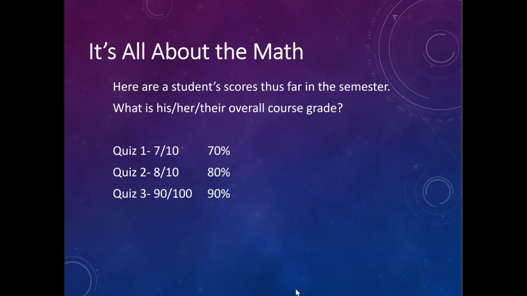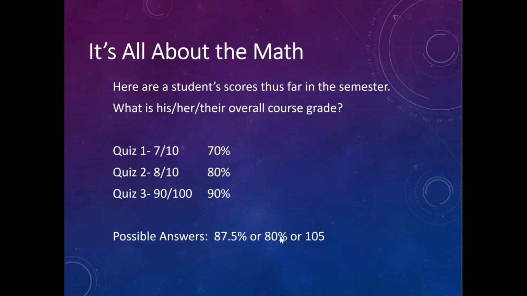So in this example, the question is, what is the student's overall score, knowing that these are their grades thus far? Well, if it felt like a trick question, it is. I have no idea what their overall grade is just looking at these scores. I need to understand what you want the gradebook to do. How do you want it to calculate so I know what their grade is?